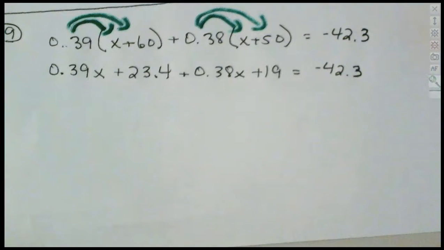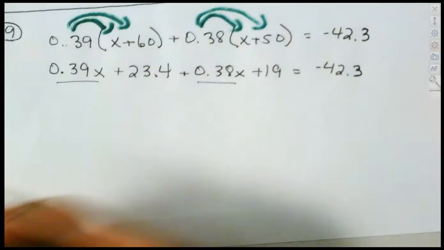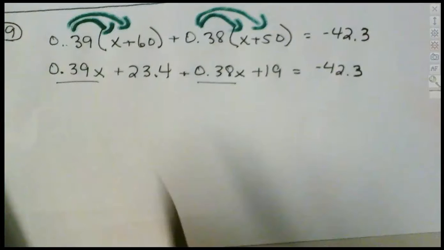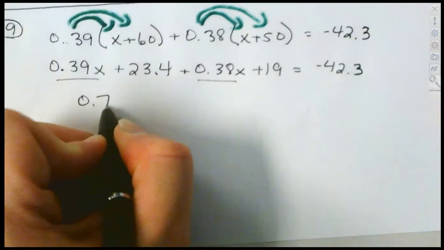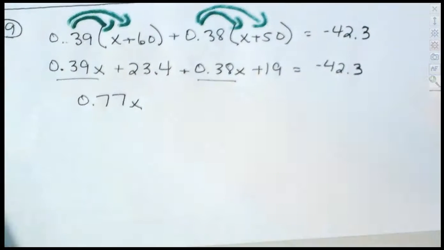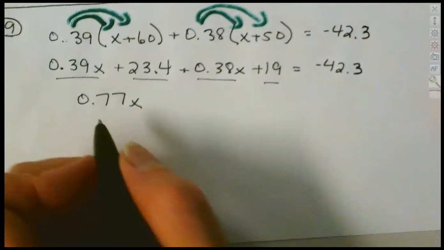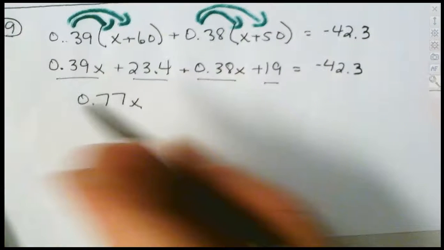Combine. So these can go together. And we've got 0.39 plus 0.38. That gives me a 0.77x. These can go together. And so we've got 23.4 plus that 19. That comes out to be a 42.4.